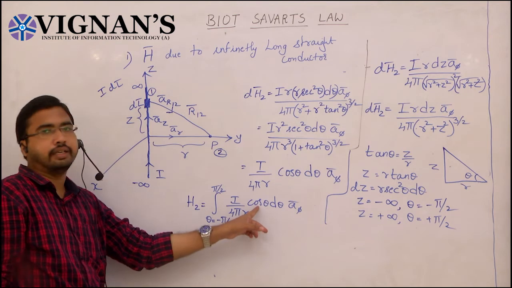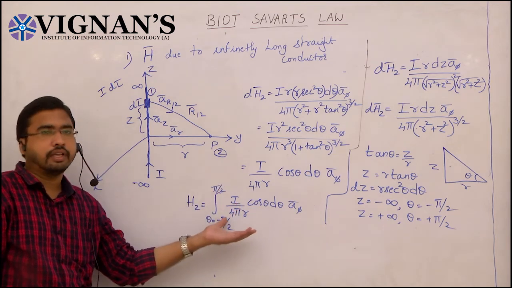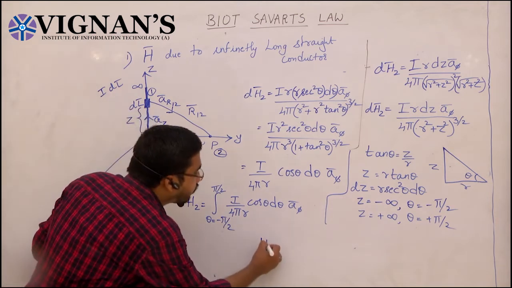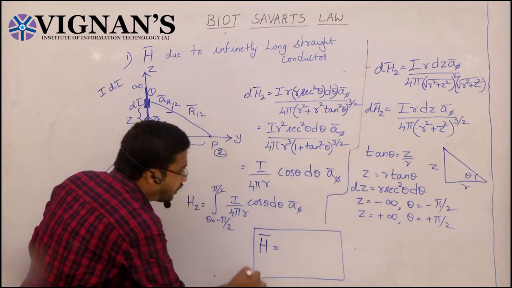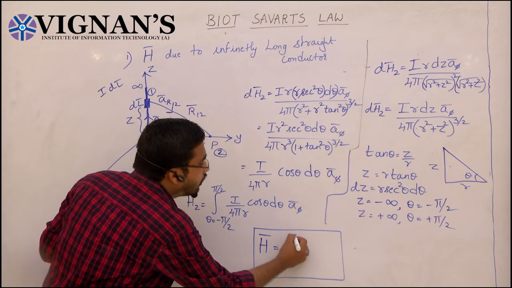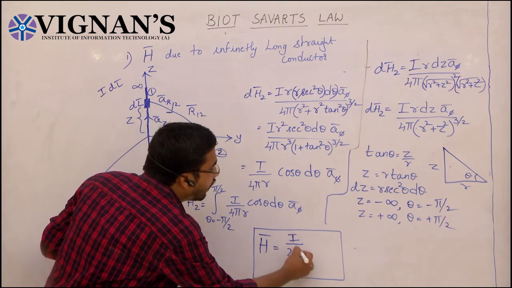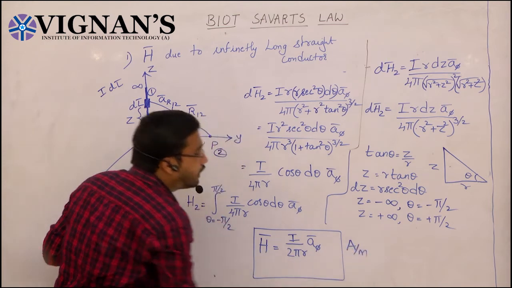Integral cos theta is sin theta. Substitute those limits, and if you cancel all those terms, then your final magnetic field intensity due to this infinitely long current carrying conductor is equal to I by 2 pi r into a phi amperes per meter.